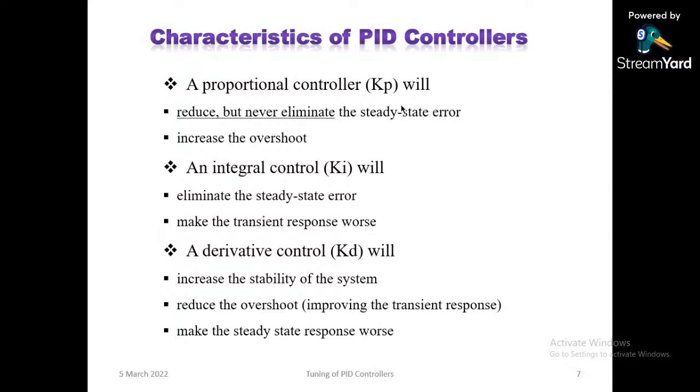But while doing this, it is going to adversely affect my transient response. And the reverse of this, the derivative controller will improve the transient response. That means it will reduce the overshoot, settling time, rise time and so on. But while doing this, side by side it increases the steady state error. In short, it will make the steady state response worse. Fine.